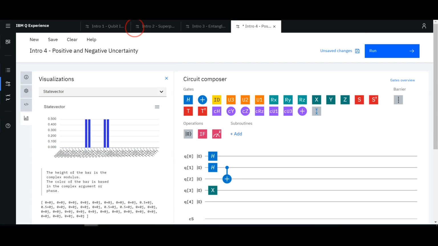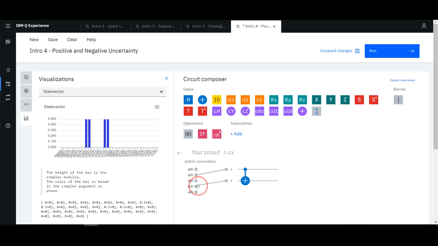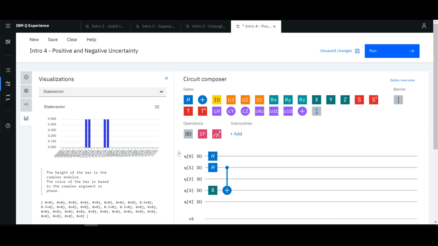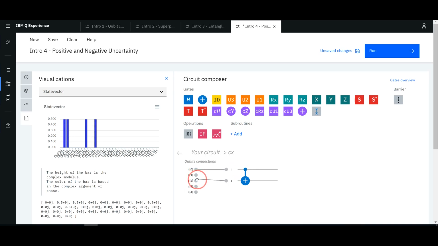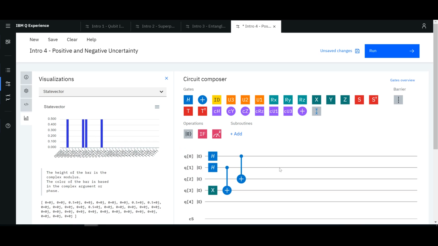So this should go here, right? And then there should be this one that goes here. Exactly. Yeah. Mm-hmm.